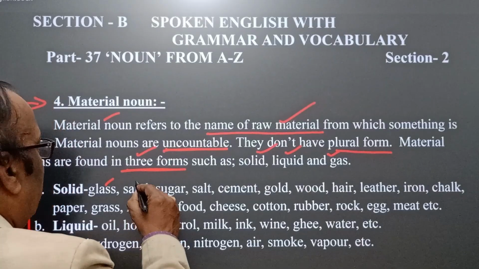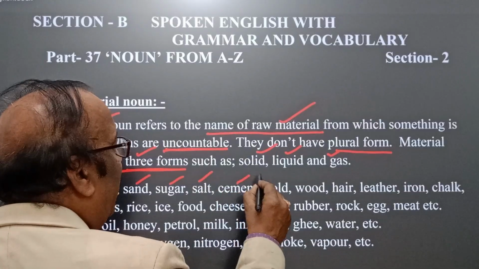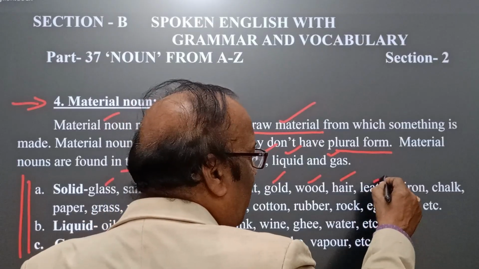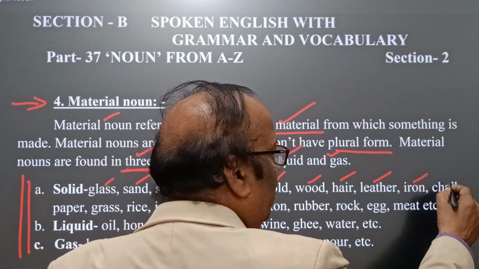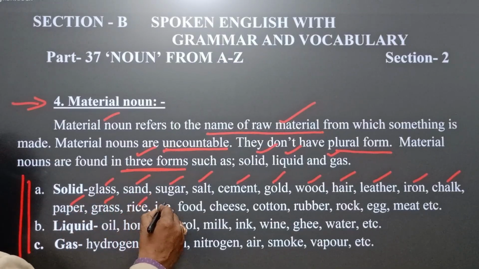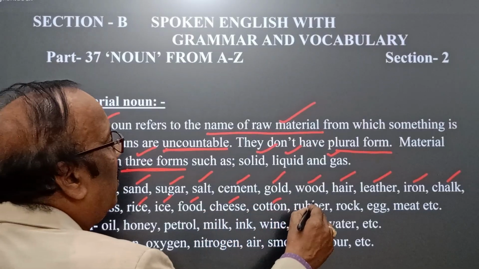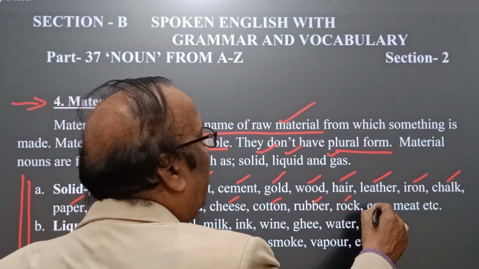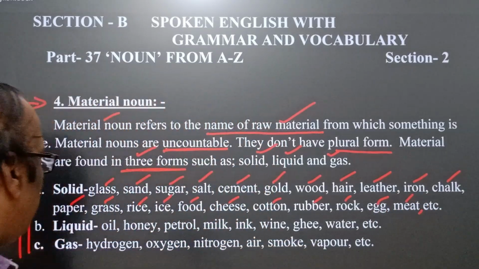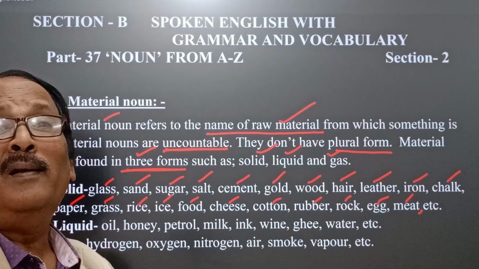Similarly, sand, sugar, salt, cement, gold, wood, hair, leather, iron, chalk, pepper, grass, rice, ice, food, cheese, cotton, rubber, rock, egg, meat, etc. are the solid form of material nouns.